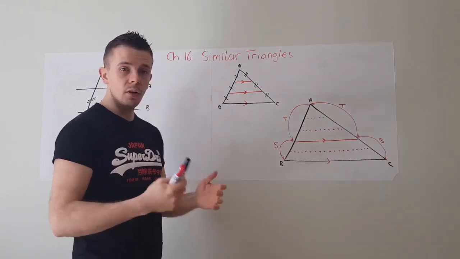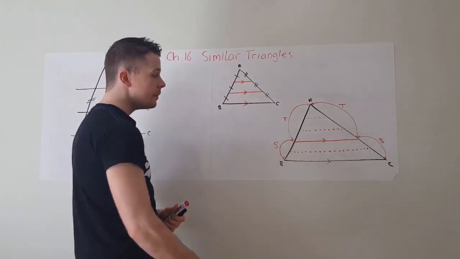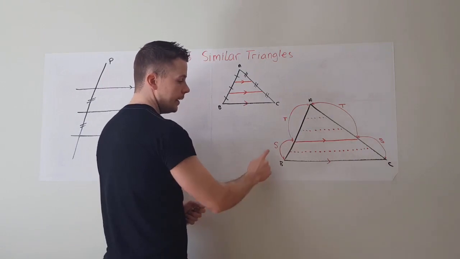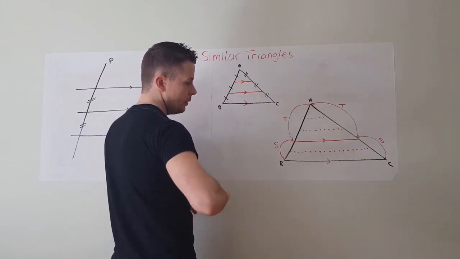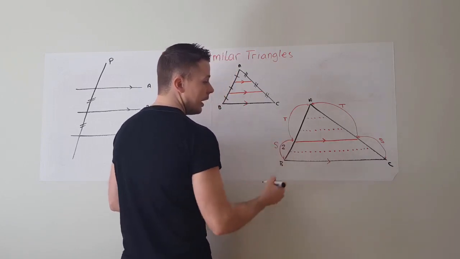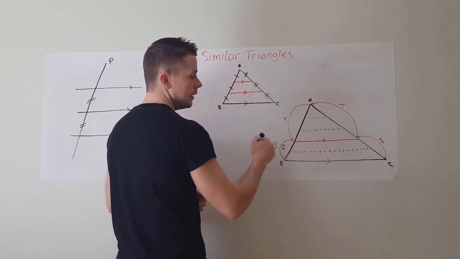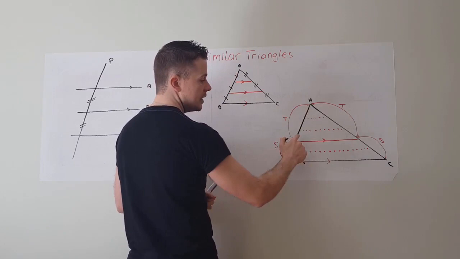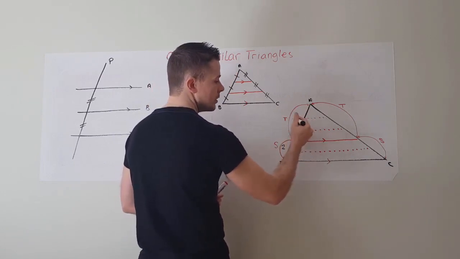If we look at the number of parts, how many parts is side S? It is 2 parts. And if we look at the gap distance here for T, we've got 1, 2, 3 parts.